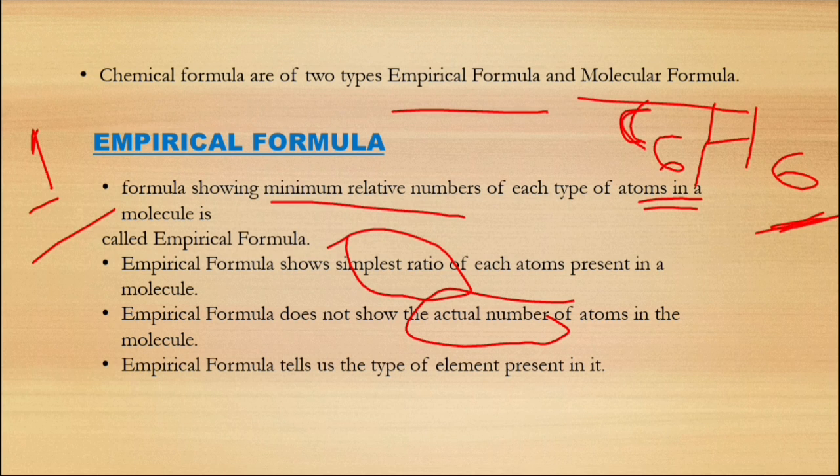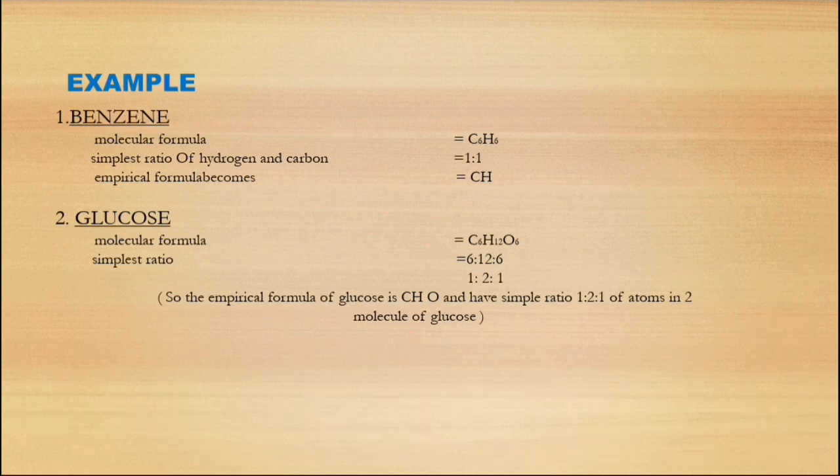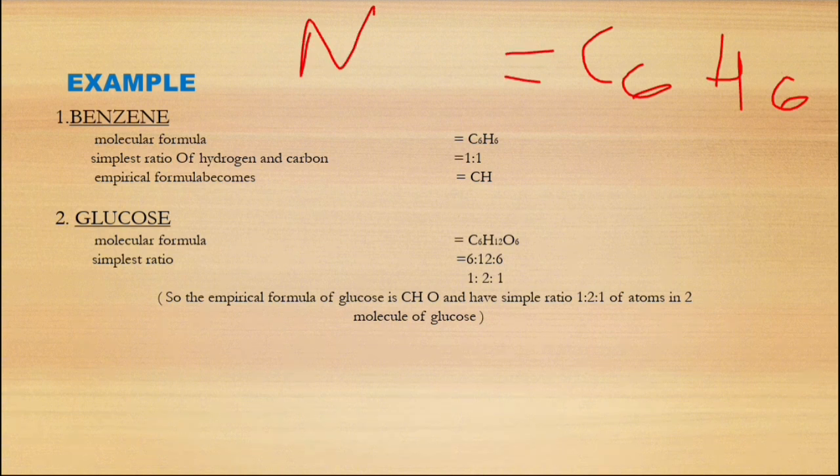Now, with the help of an example, you will understand more properly. C6H6 is the molecular formula of benzene. Now, it is present in a 6:6 ratio.